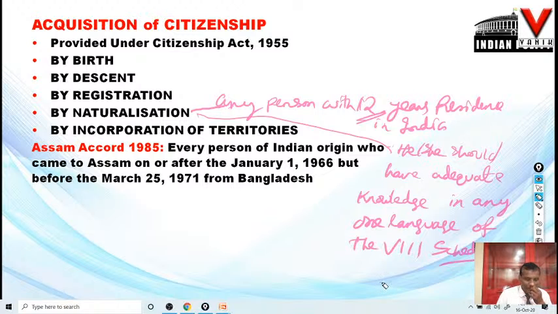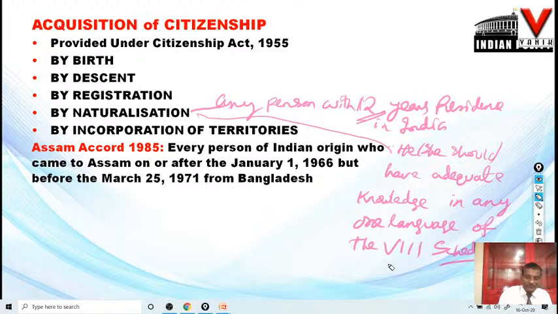Okay, any one language of the 8th schedule, he should have the idea, and he should take an oath that he should be loyal to the Indian Constitution. He should also have no allegations against the Indian way of life, because these naturalized persons are from foreign countries, so they don't have any link with India anyway, so they need to learn a language, mentioned in the 22 languages of the 8th schedule.